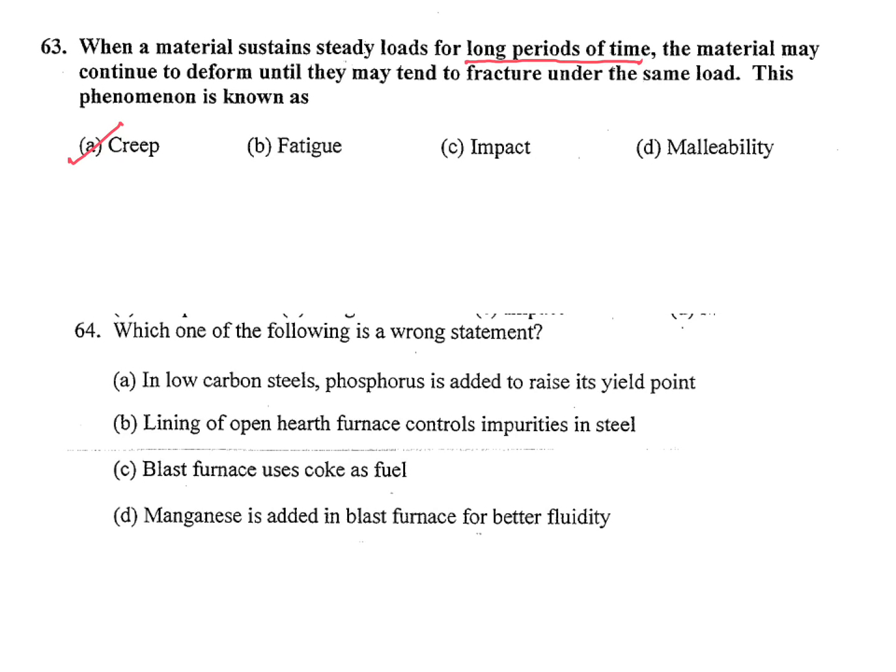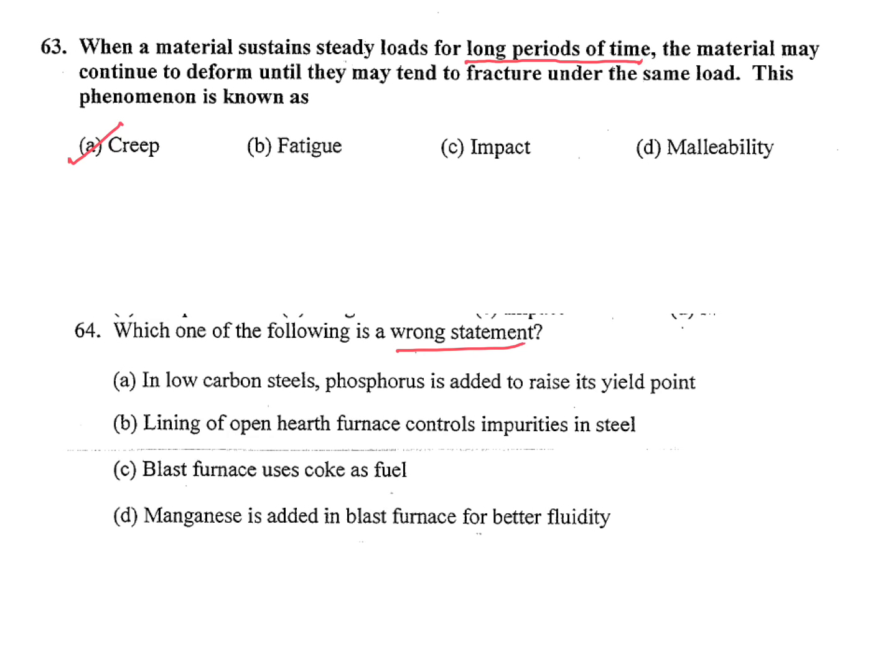Which one of the following is a wrong statement? A. In low carbon steels, phosphorus is added to raise its yield point. B. The lining of open hearth furnace controls impurities in steel. C. Blast furnace uses coke as fuel. D. Manganese is added in blast furnace for better fluidity.